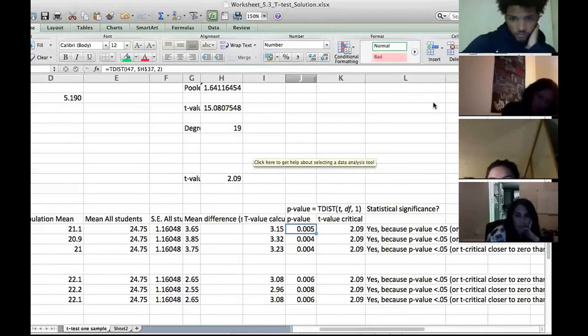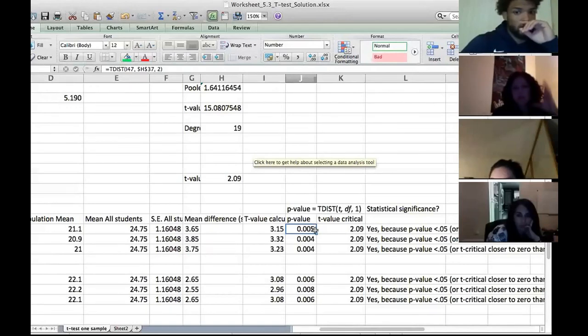You see that the probability of getting this t-value is 0.005, right? It's a very small probability. It's smaller than 0.05. So, Alex says exactly right. If we test at the 5% significance level, that means that as soon as the p-value is smaller than 5%, we reject the null.